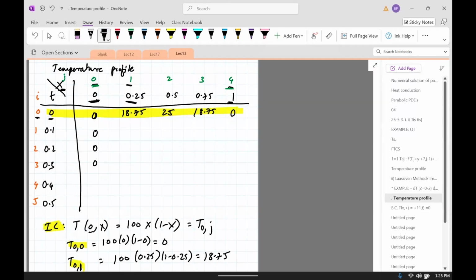0, 0, 0, 0, 0, 0. This is the boundary condition. Also this one actually.